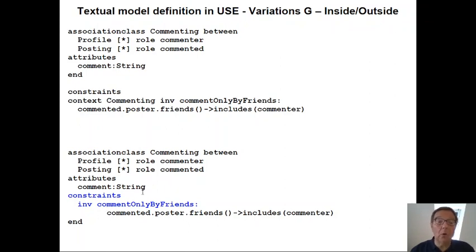Now I am already inside the commenting class, so I do not need to write this context here. I can directly write constraints, invariant, comment only by friend, and then the technical formulation is not different anymore.